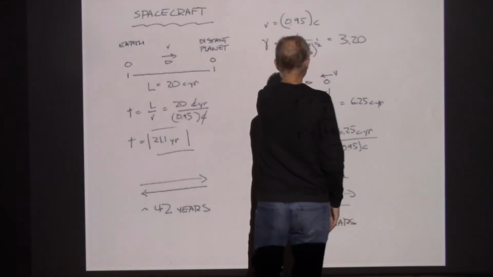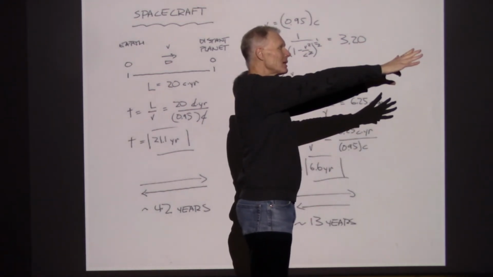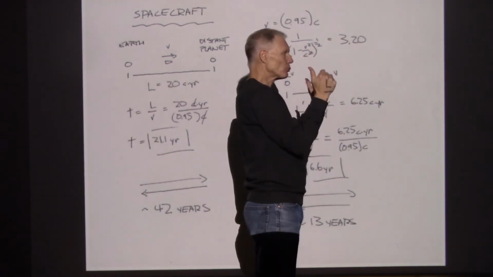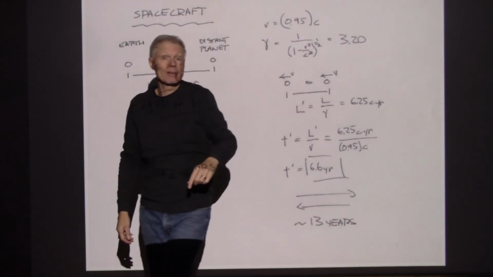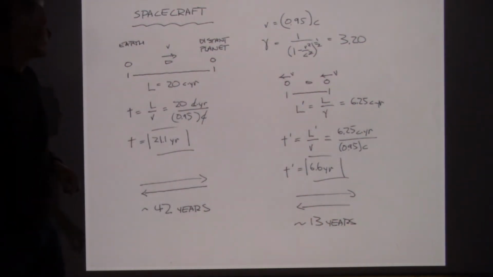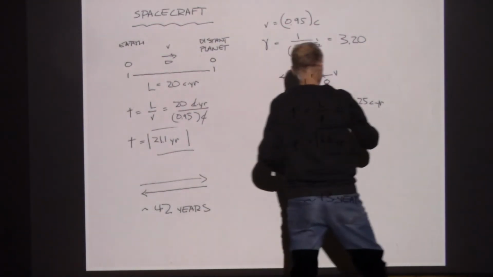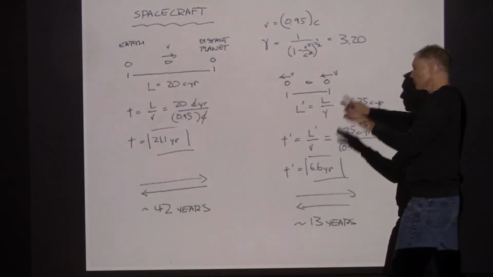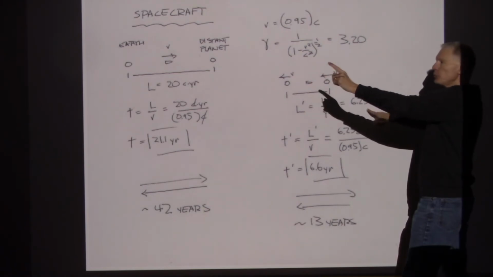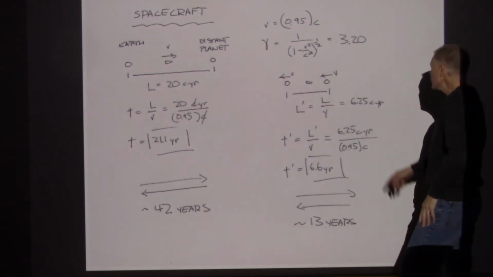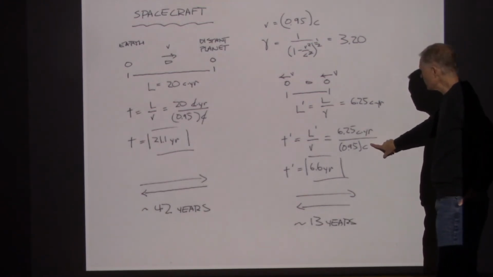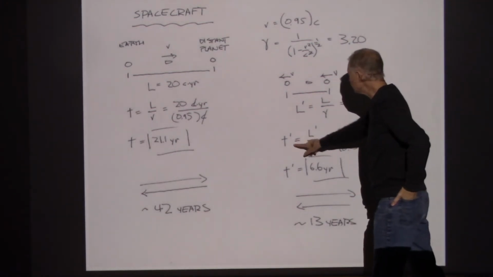In their reference frame, what they see is a planet coming towards them at 0.95 c. So I can write in the distance and the speed to calculate the time.